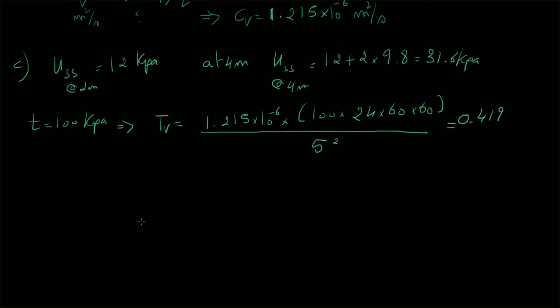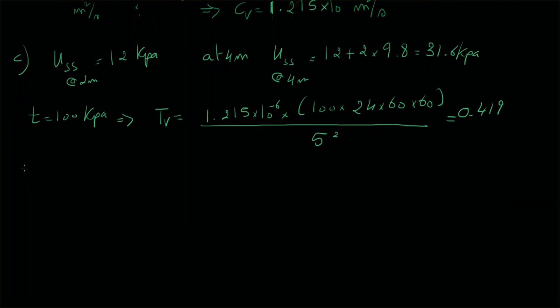Okay, and again, Z over dP. Now Z is 4 over 5. That is equal to 0.8, and my TV equals 0.419.